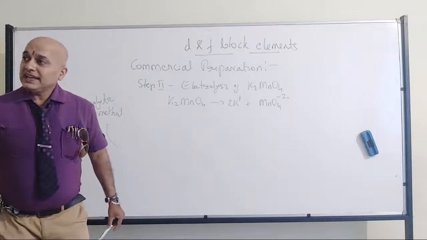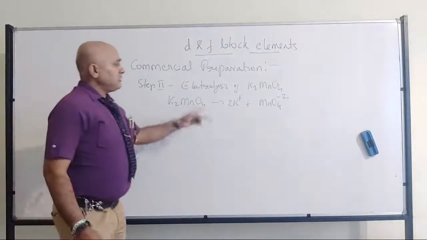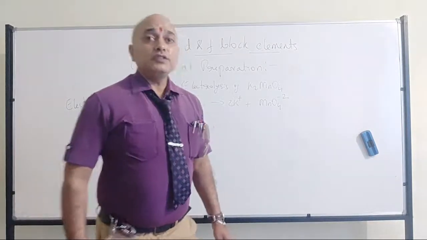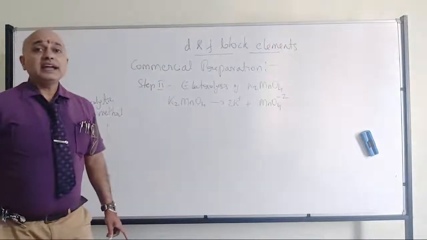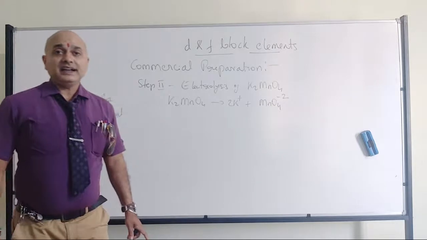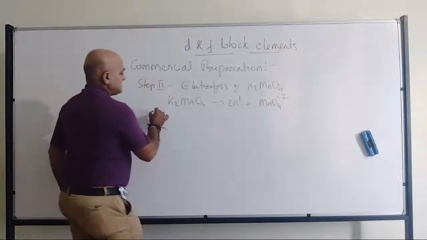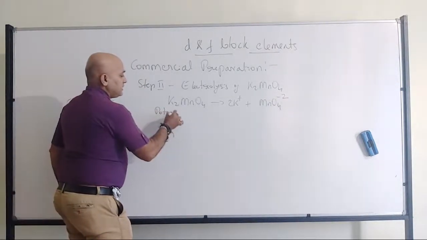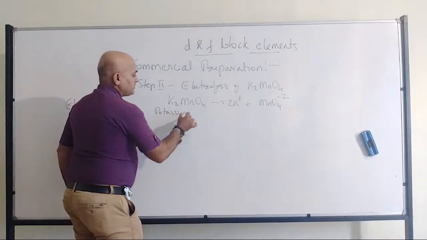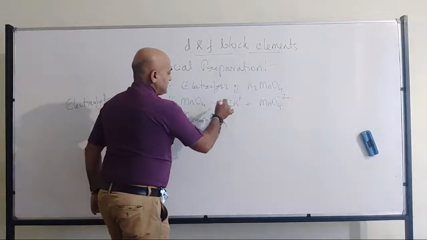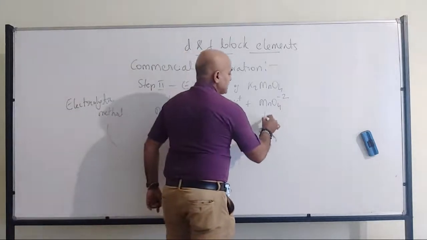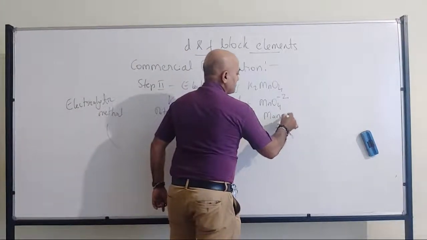All of you will agree? So K2MnO4 gives 2 ions, 2K plus and one manganate ion. This is potassium manganate, the product of the previous step in which we are interested.